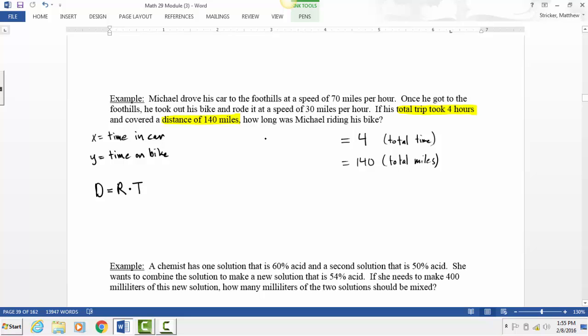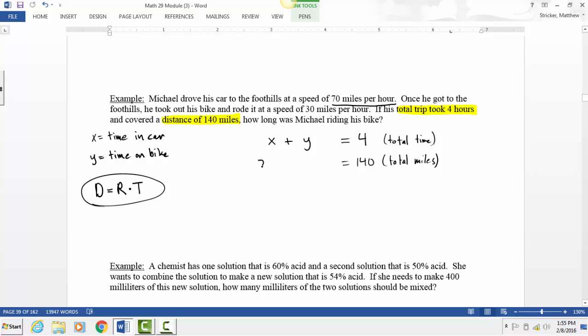So if we split that up, x in the car plus y on the bike should equal a total of 4 hours. Now the distance, the 140 total miles, has to come from this rate times time. So if we take the car where he was driving at 70 miles per hour, that would be the rate, because remember, distance is rate times time.